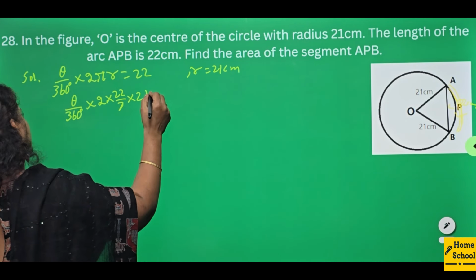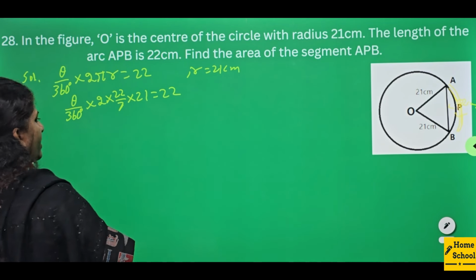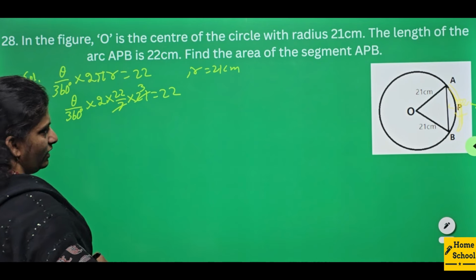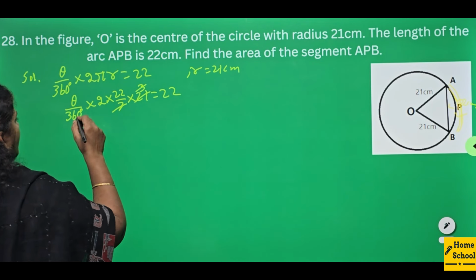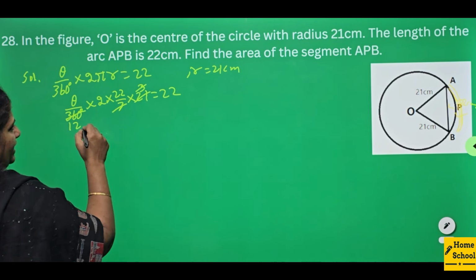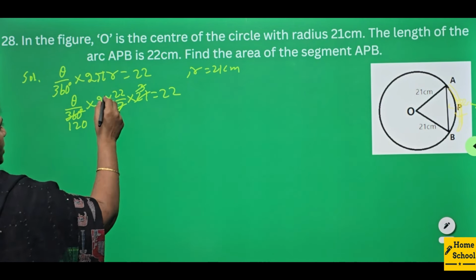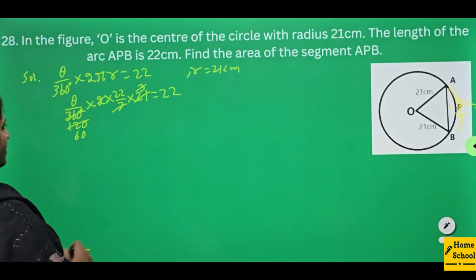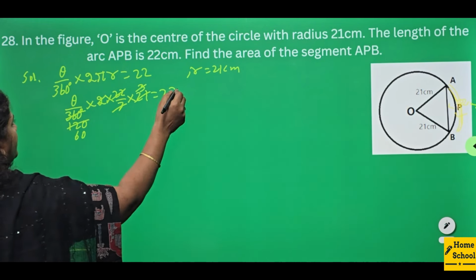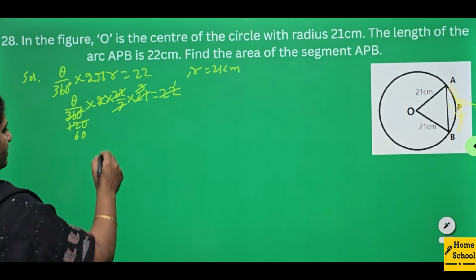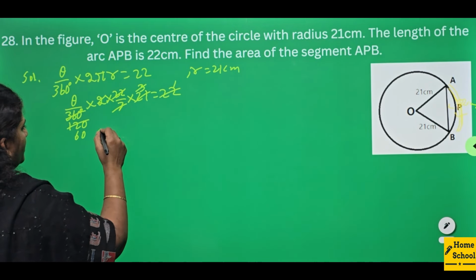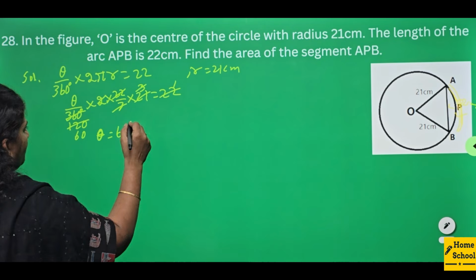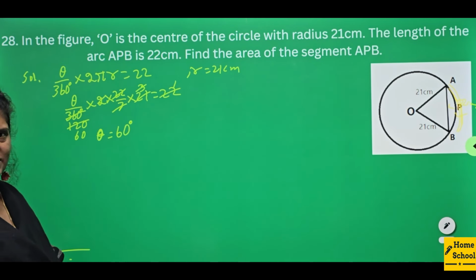So, r value substitute 21 is equal to 22. 7 3s are 21 and here 3 120 is 2 60 is right, and this 22s are cancelled. Therefore theta is equal to 60 degree.